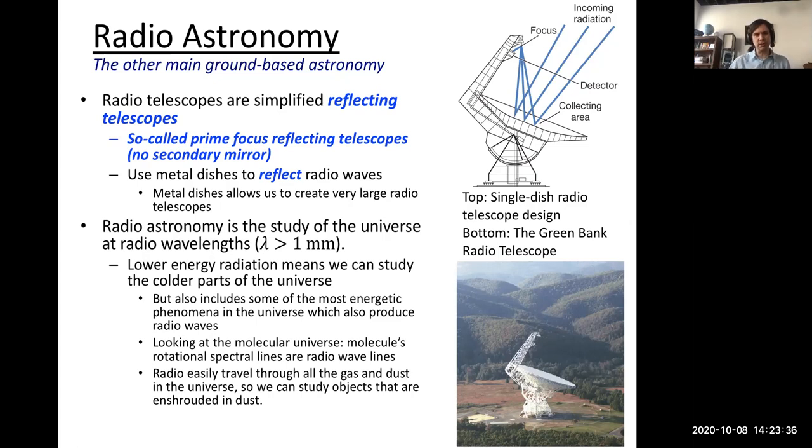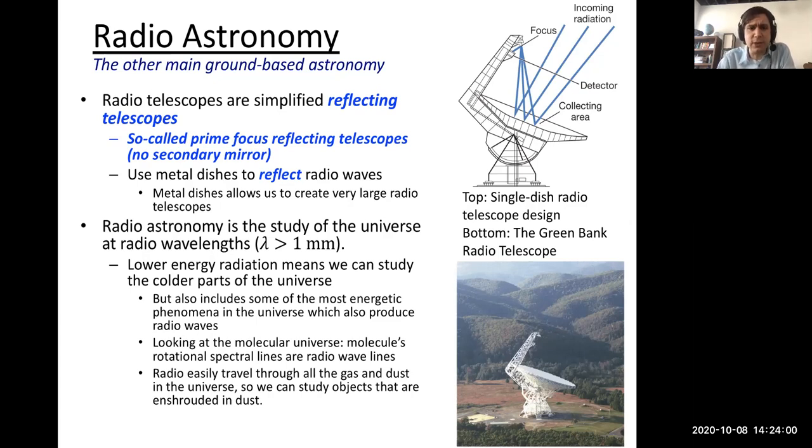So that's the rough boundary between microwave and radio. Now some microwaves, with wavelengths just a little bit less than a millimeter, do make it to the surface of the Earth. So we can do some microwave astronomy, and that's right at the boundary of radio and microwave.